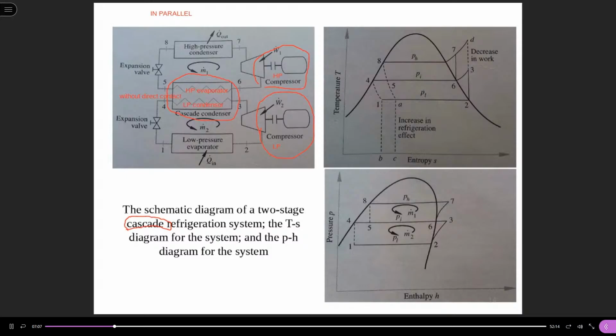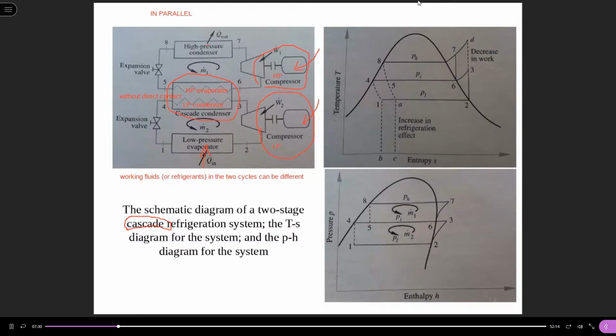For the whole cycle, here is the cooling effect, and here there is work input of the high pressure compressor, and a work input of the low pressure compressor.